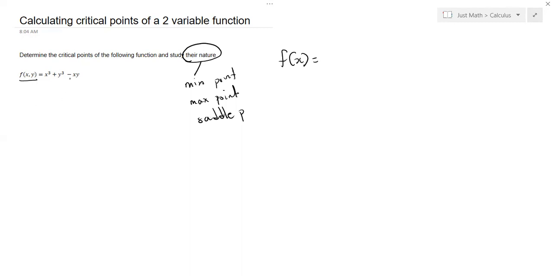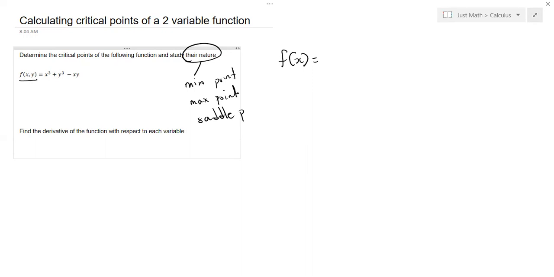Now, let's look at the function. We have f of x, y equals this. So the first step usually is to find the derivative of the function with respect to each variable.